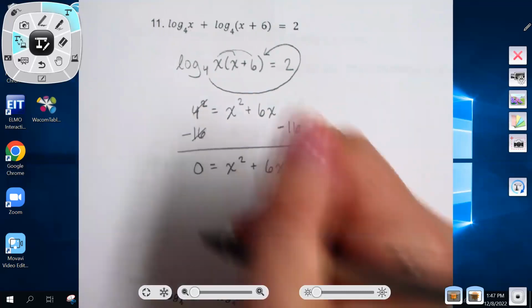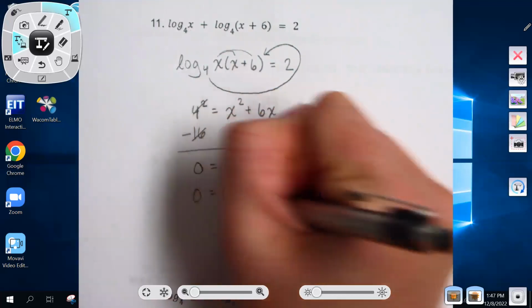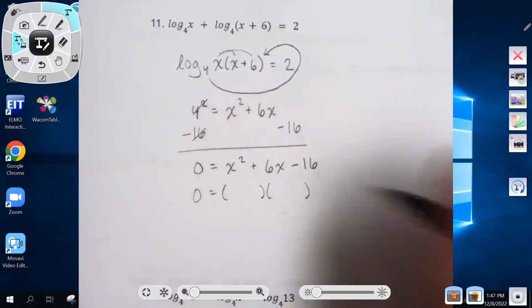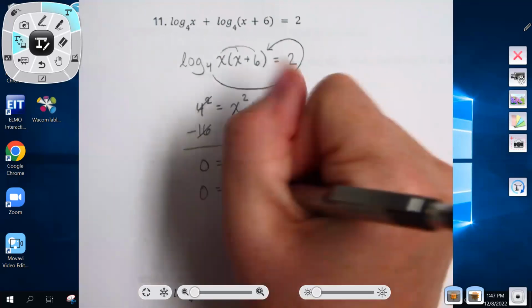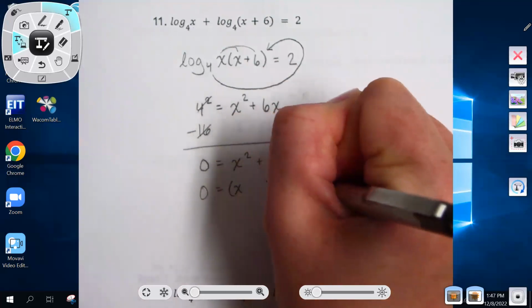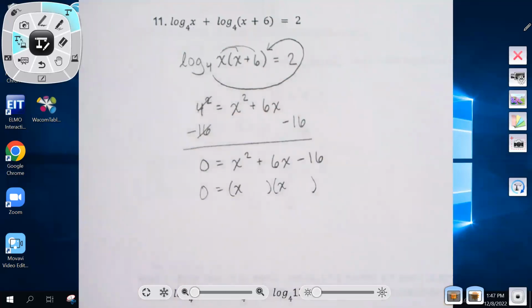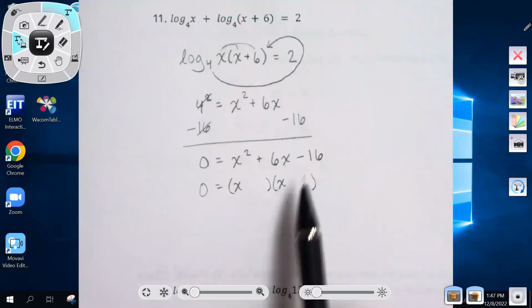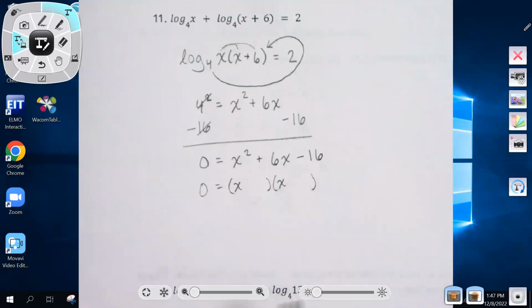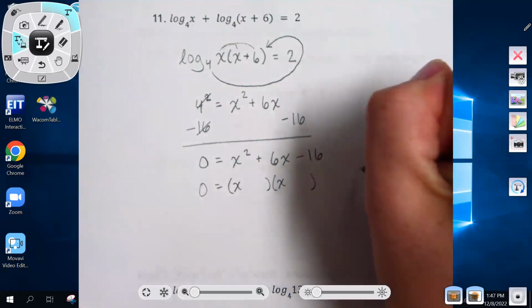Okay, so let's factor into 2 sets of parentheses. And we know that x goes in the front part of both of those parentheses. Then we need two numbers that multiply to be -16 and add to be 6. If you have trouble coming up with those numbers, here's what I do.